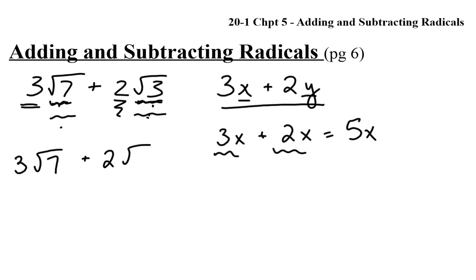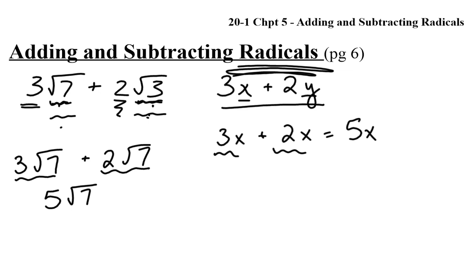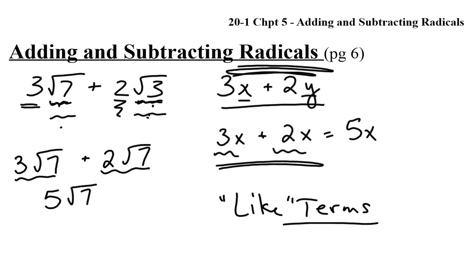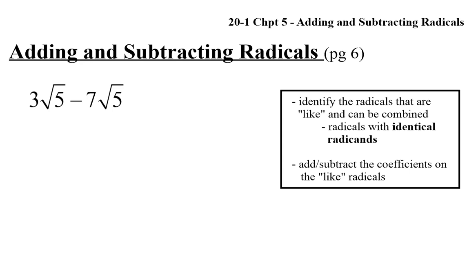Yeah, a 2 root 7. 3 root 7s and 2 root 7s means we have a total of 5 root 7s. So when we add and subtract radicals, it's kind of like working with polynomials in that we need like terms. And that's what adding and subtracting radicals really comes down to.